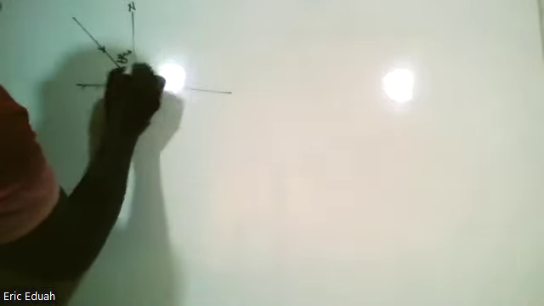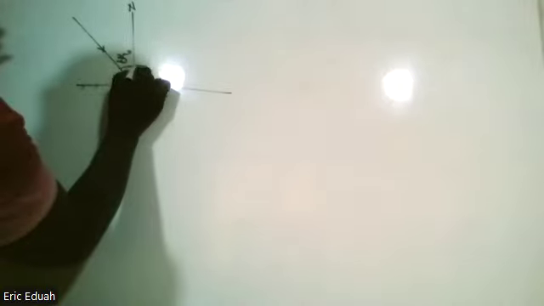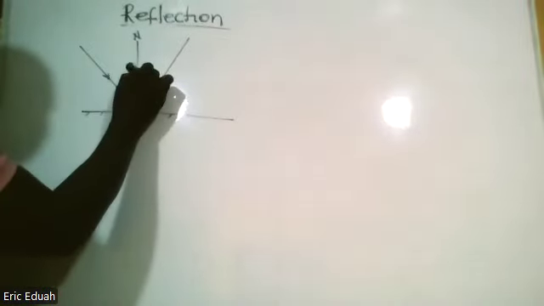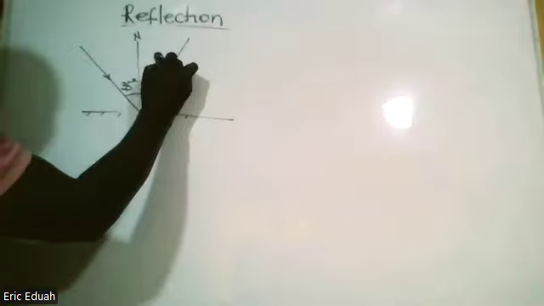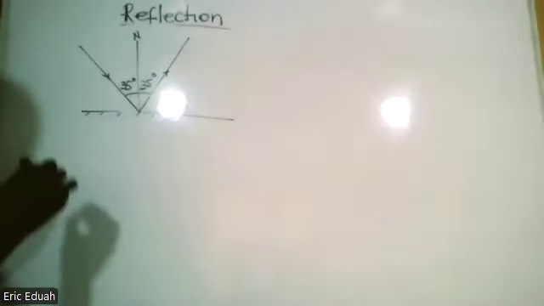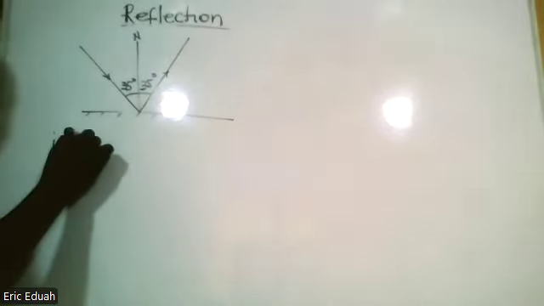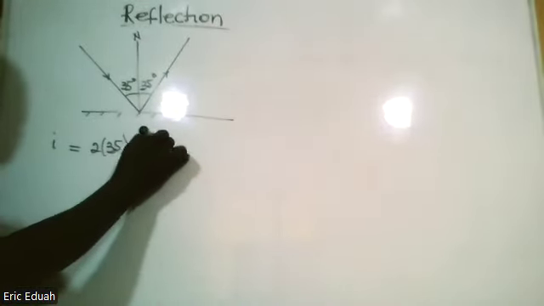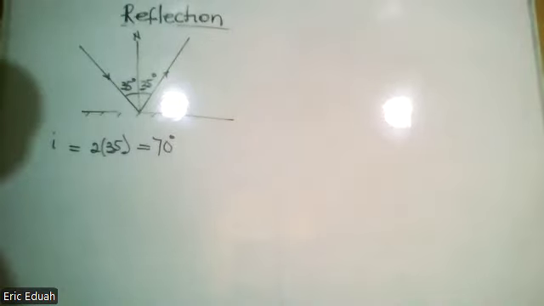So the angle of incidence must be equal to the angle of reflection. So 35, 35. So it must be 2 times 35, which is 70 degrees.